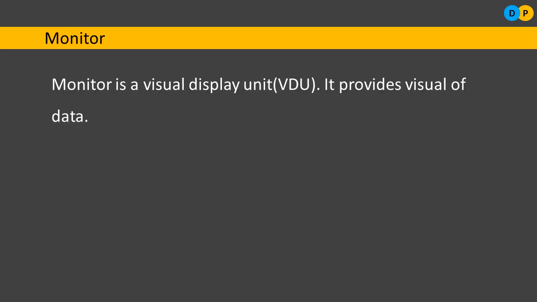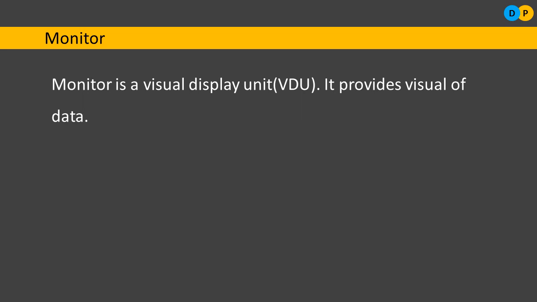Most of you have noticed a computer. Along with the computer, we have also noticed a TV-like device that is called a monitor. Usually it is also popularly referred to as VDU, that is, visual display unit. So if a user wants to visualize the data, or visualize the information, that can be done only with the help of this monitor.